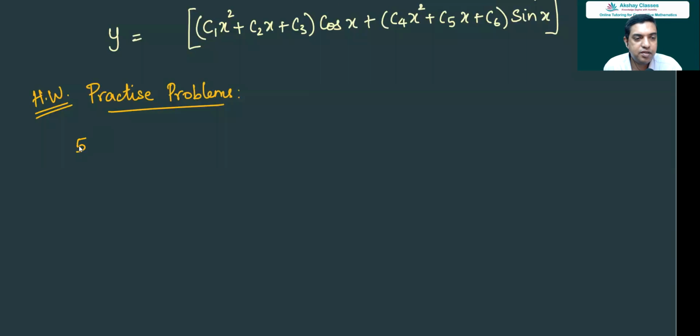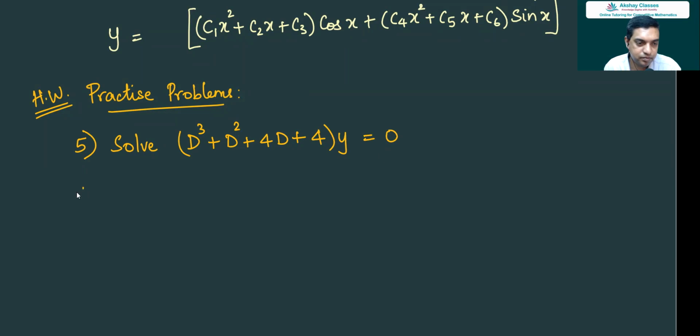So this is the 5th question. Solve (D cube plus D square plus 4D plus 4) times y equal to 0.